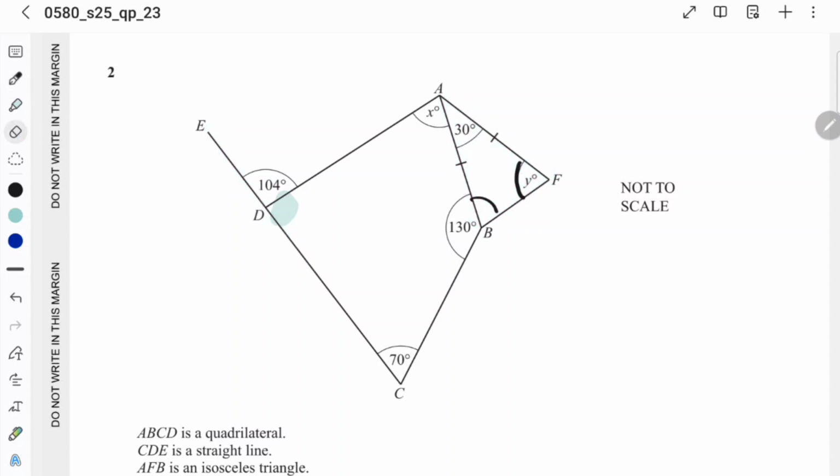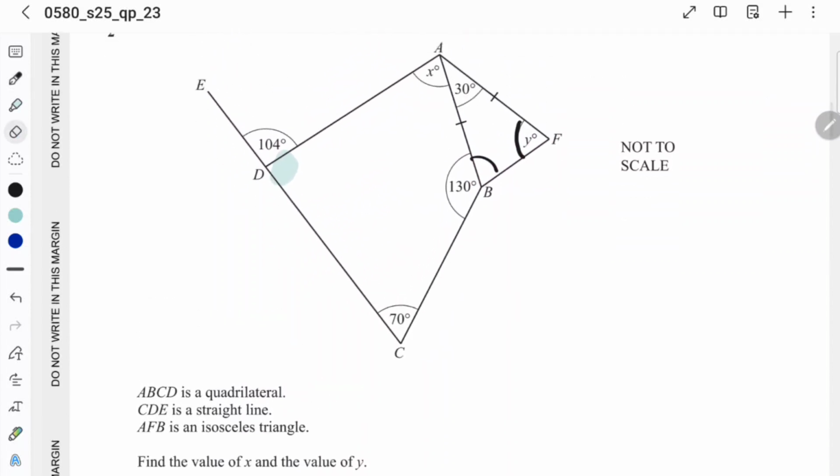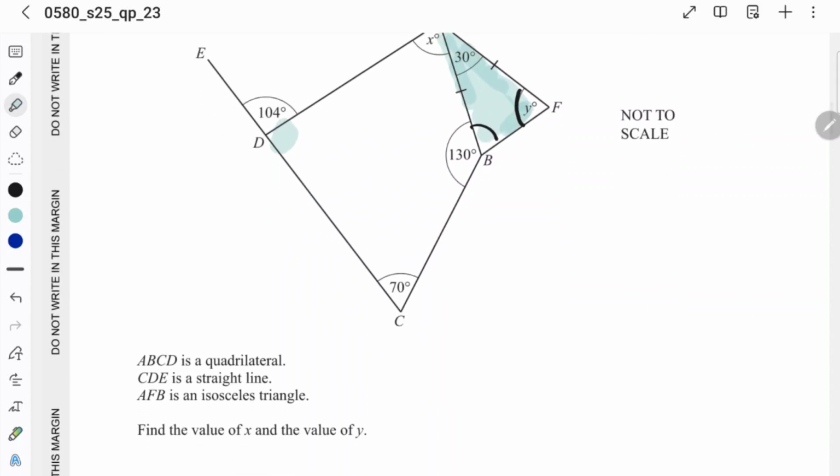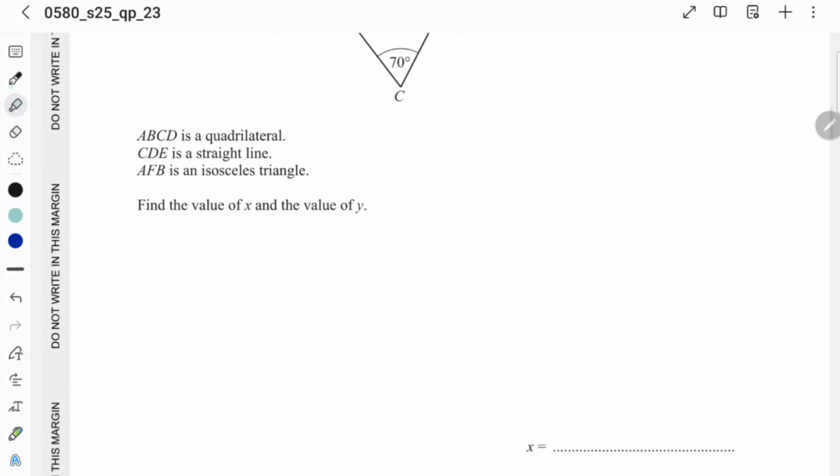They're asking us to find the value of x and y. For that we'll consider this triangle, and we know that angle B will also be equal to y because of the base angles of an isosceles triangle. So we can write ABF is equal to y, which are the base angles of an isosceles triangle, and they are equal.